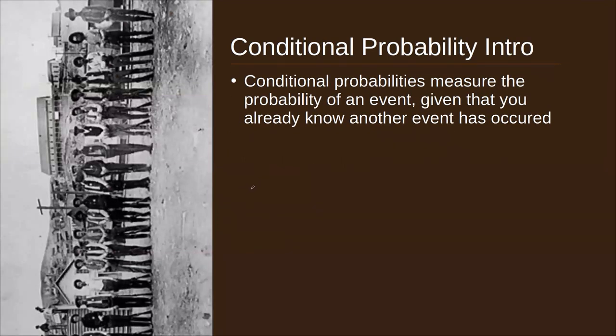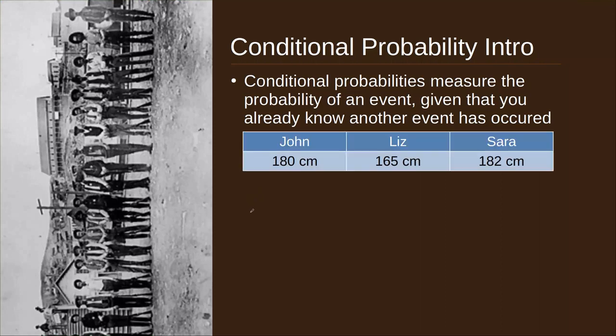So, as a refresher, remember that the conditional probability measures the probability of an event given that you already know that another event has occurred. And here I'm going to do a small computation in order to illustrate this concept. So imagine that we have collected 3 random people, John, Liz, and Sarah, and we measure their respective heights in centimeters.